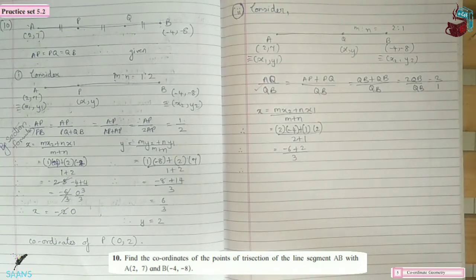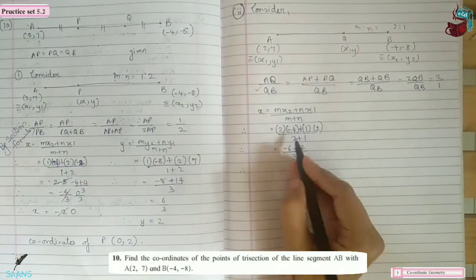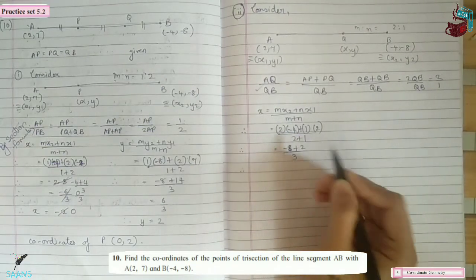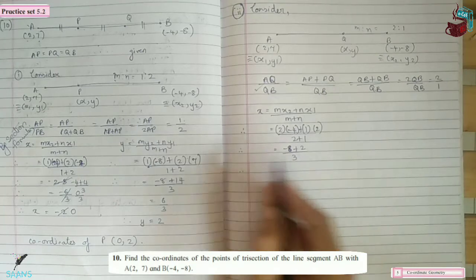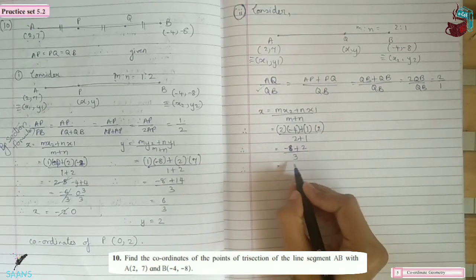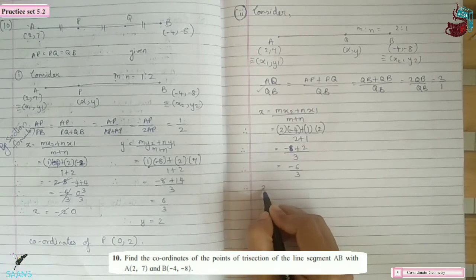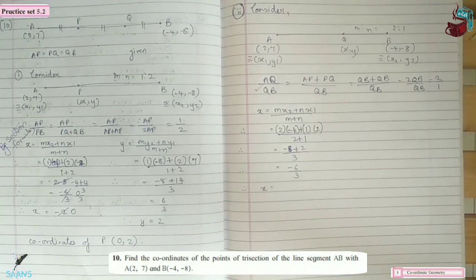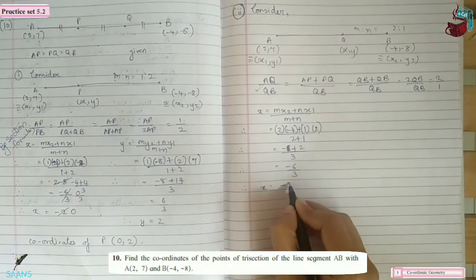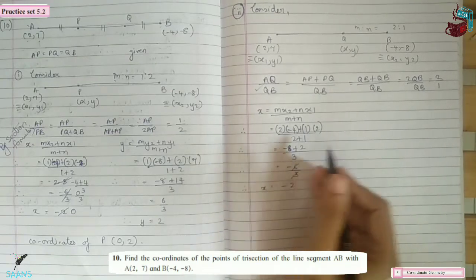Let me check. Okay, so again, 2 4s are 8. That was a mistake, 2 4s are 8. So that will be minus 6 upon 3. Therefore x is equal to 3 1s are 3, 2 3s are 6.